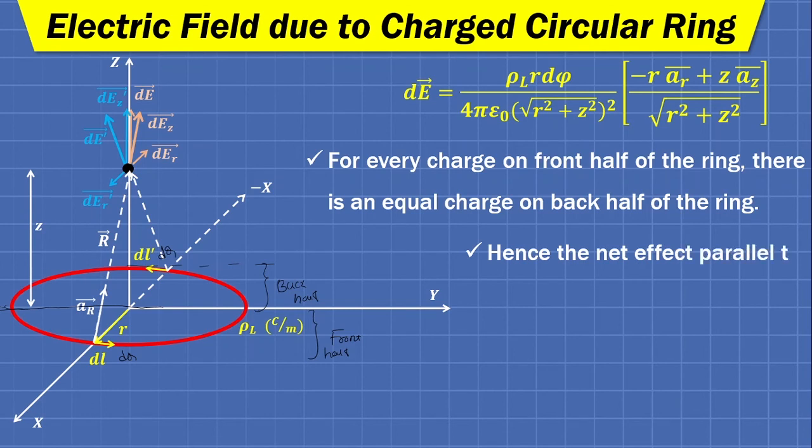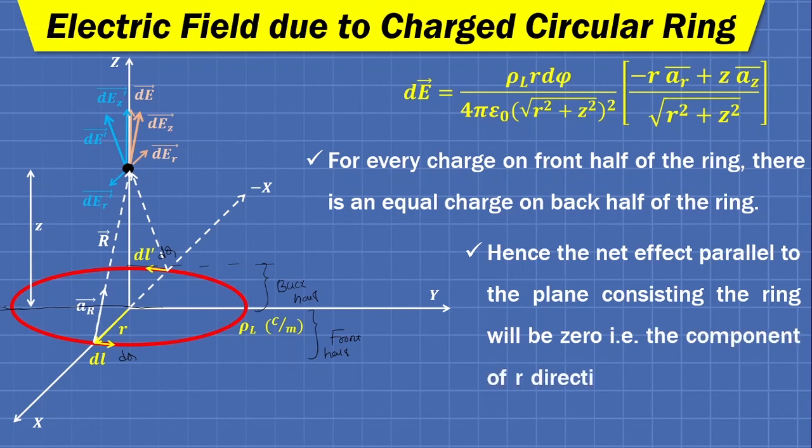The net effect parallel to the plane of the ring will be 0. That is, the component in the R direction can be eliminated from further calculation, which will save our time.